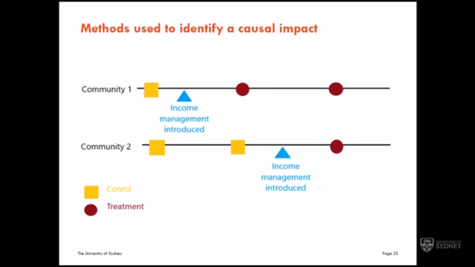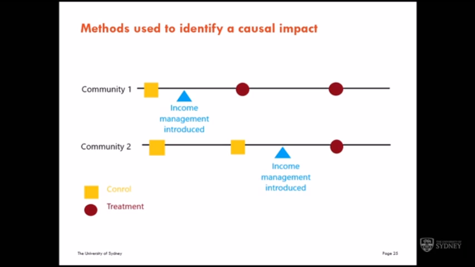And then what you do technically, and now look, this is really important. This is the key to make this convincing to a scientific audience, okay? You say, well, let's take community 1. Community one at this point didn't have it yet, so it makes a control group, but it will get it a month down the track. This is when income management was introduced.